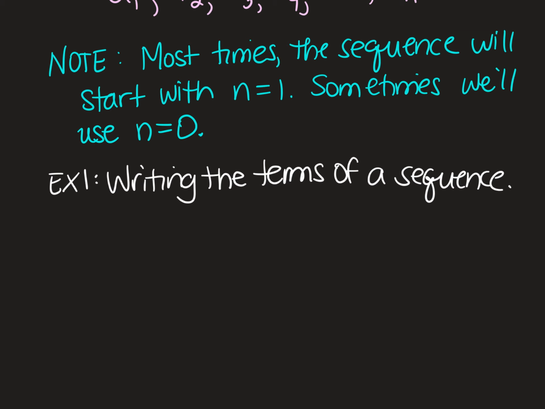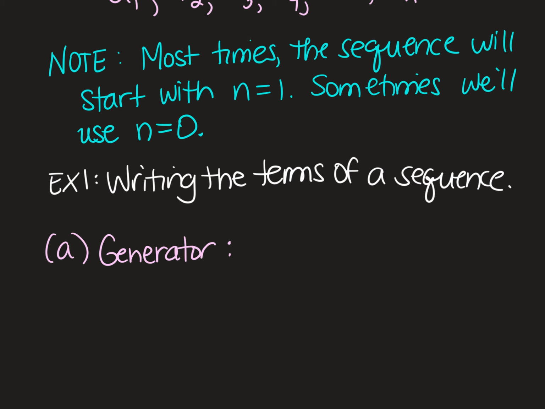So we'll do a couple of these just to get in the practice of doing this. Our first one, our generator, I call it a generator. I picked up that term from our Algebra 2 curriculum, Algebra 1 curriculum. I like the idea of a generator because that's what's creating the terms in the sequence.